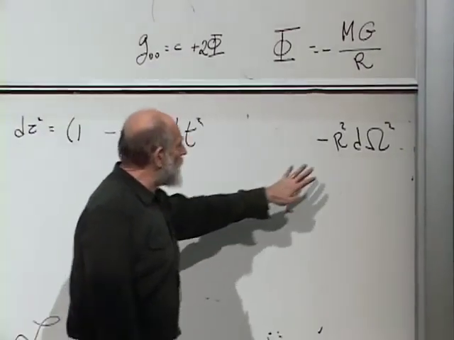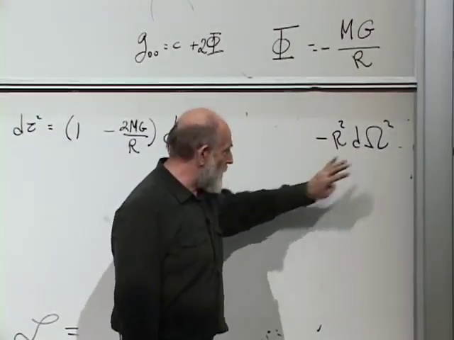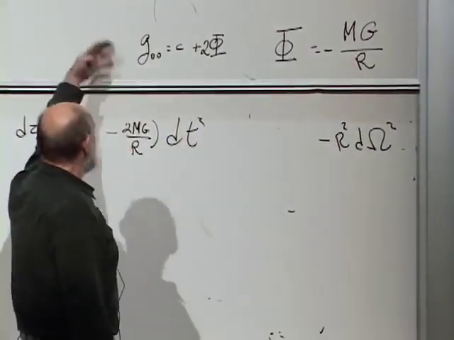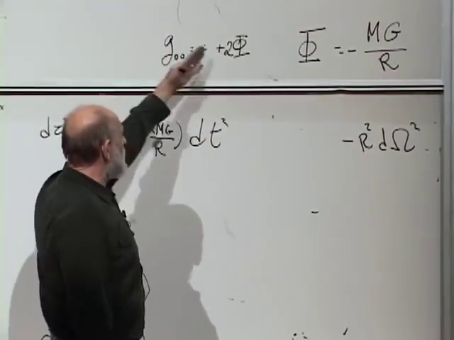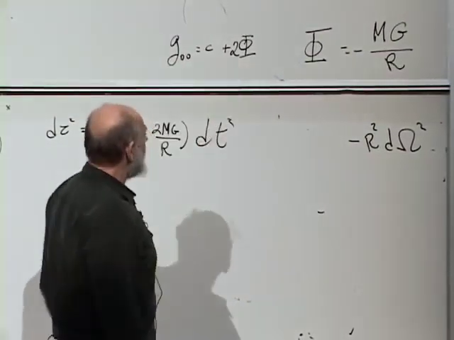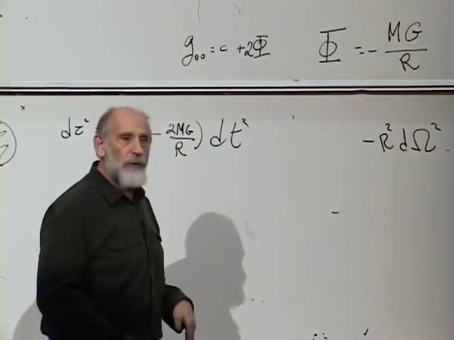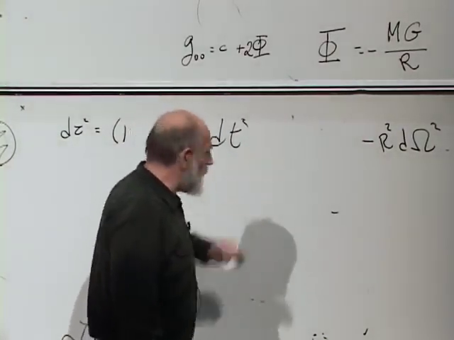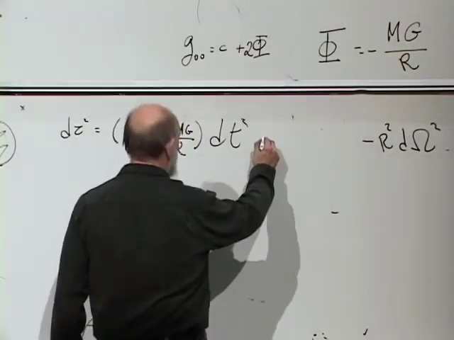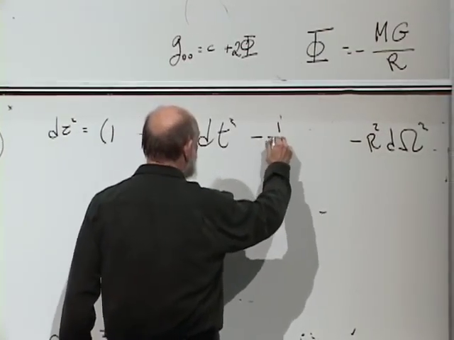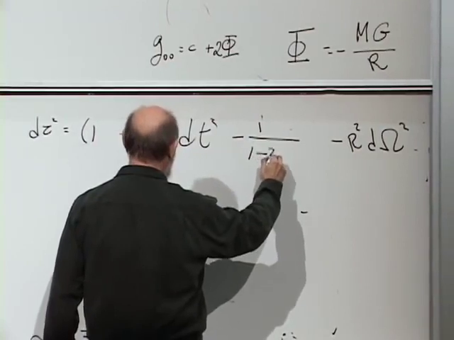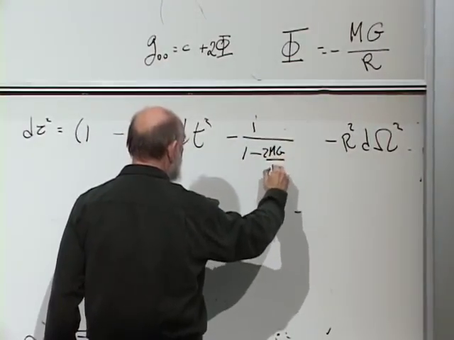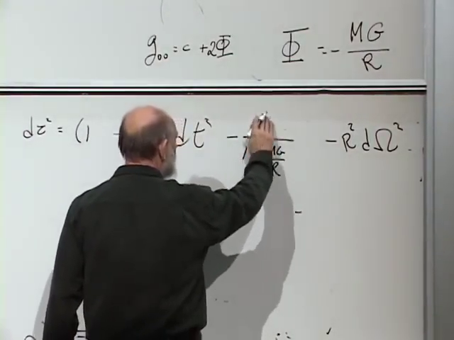It's actually not so hard to show that this one's unaffected. This one was easy. We just used the correspondence between g naught naught and 2 phi. The hard one, which requires the extra labor of solving Einstein's equations, is this: 1 divided by 1 minus 2mG over r, dr squared.